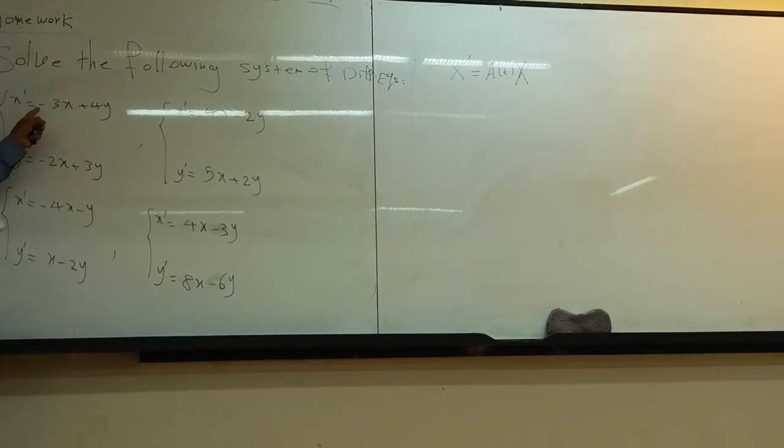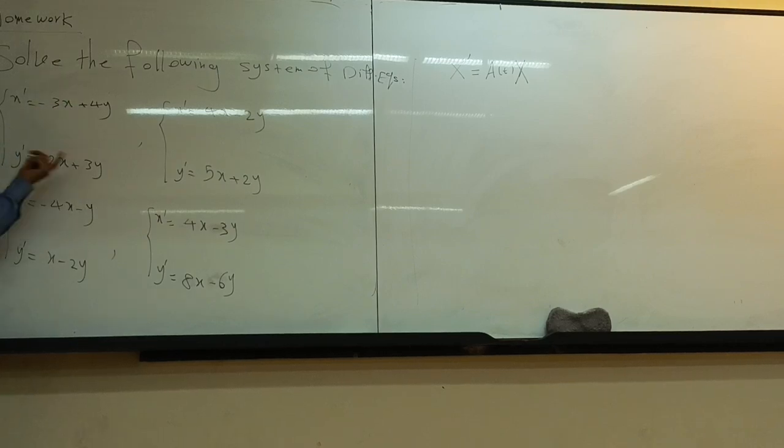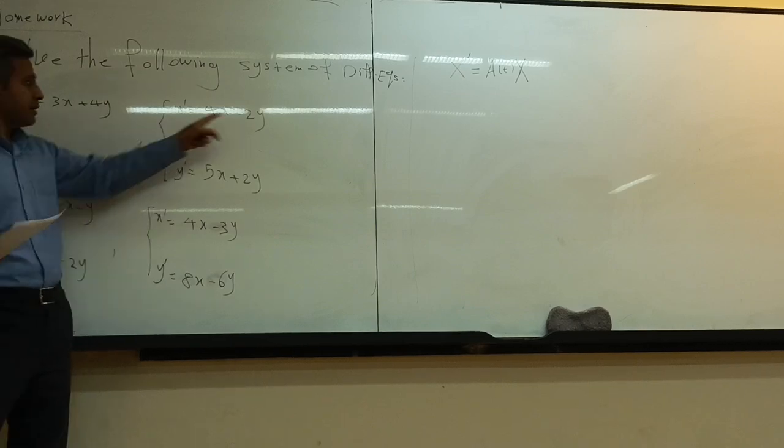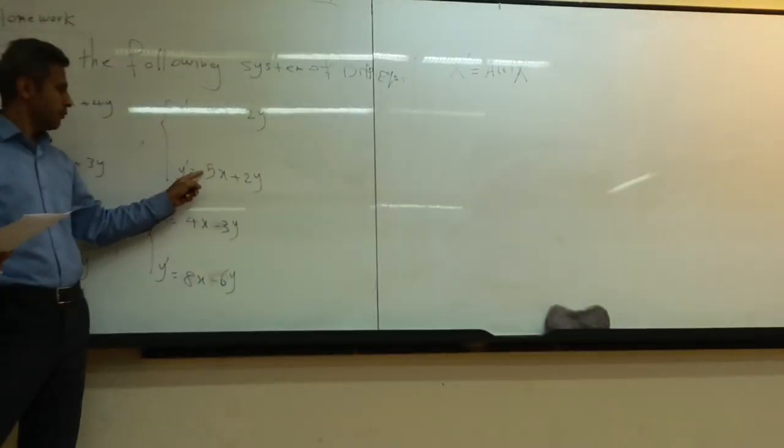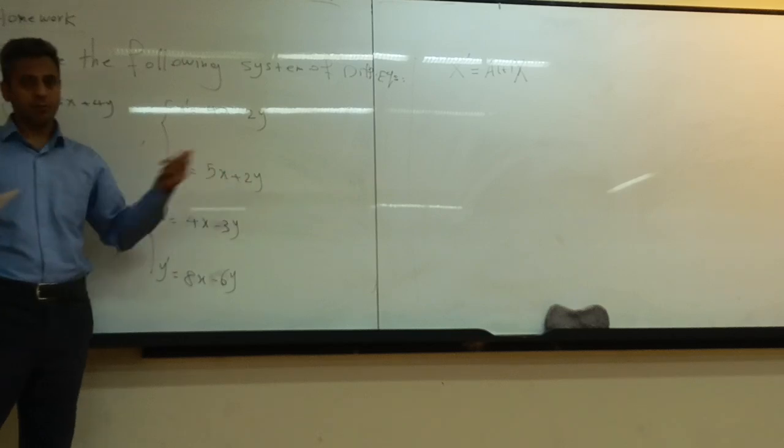A is minus 3, 4, minus 2, 3. Here A is 4, minus 2, plus 5.